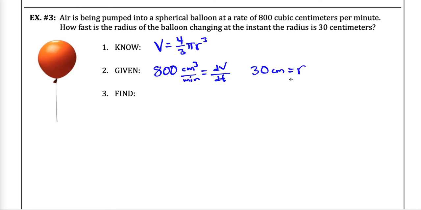Sometimes the numbers and the information you're given are semi-obvious, like this one just directly says radius is 30 centimeters. Sometimes it's not. So the 800 cubic centimeters doesn't really have wording that directly says it, so you kind of have to infer it by the labeling and the sentence. Okay, so good, we've got that.